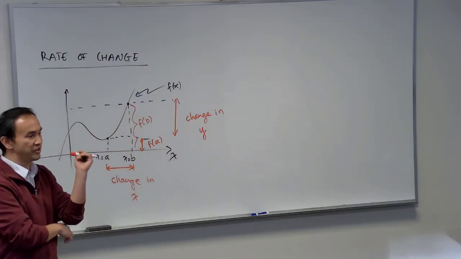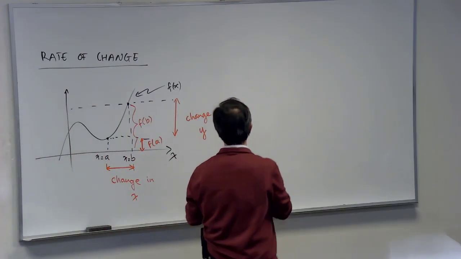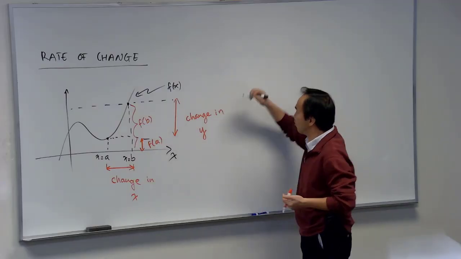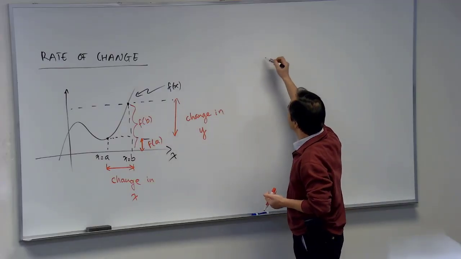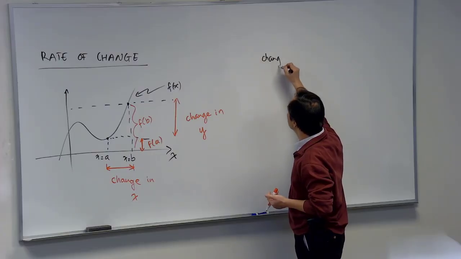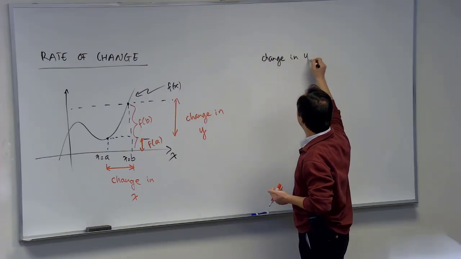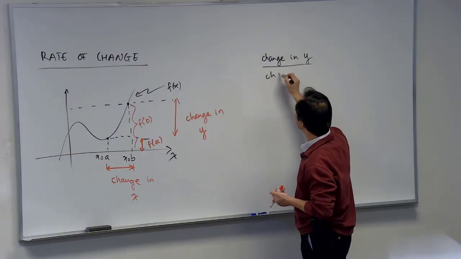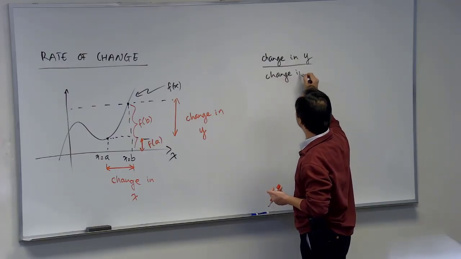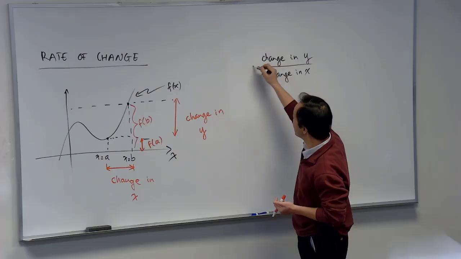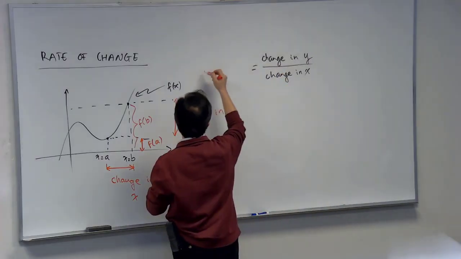So we've got a change in x and a change in y. From our pre-calculus 1 learning, we can simply put the change in y value over the change in the x value. That famous ratio, yes, we call that the rate of change.